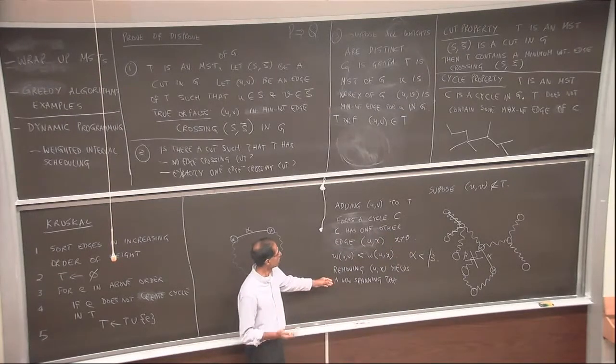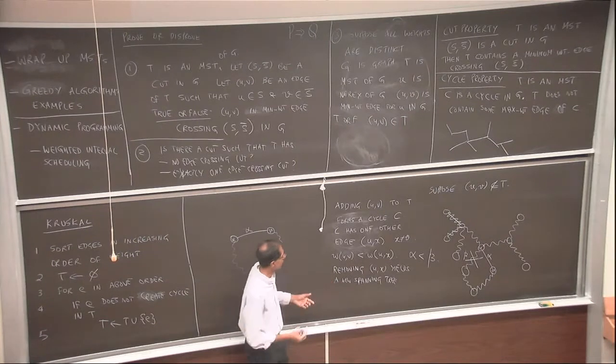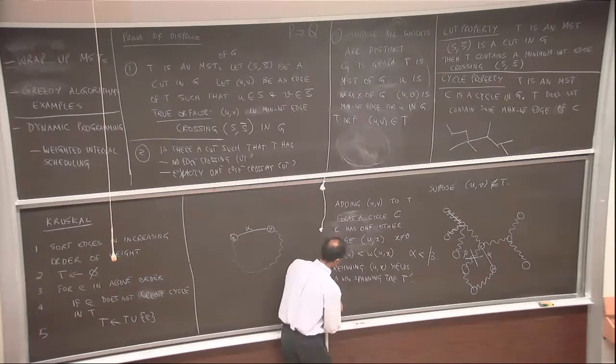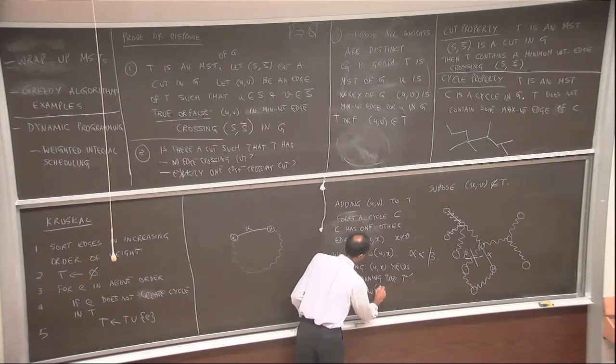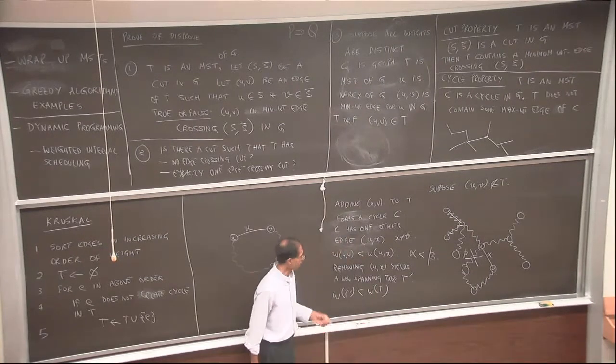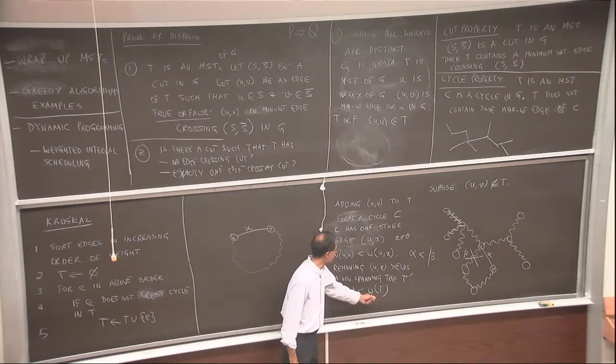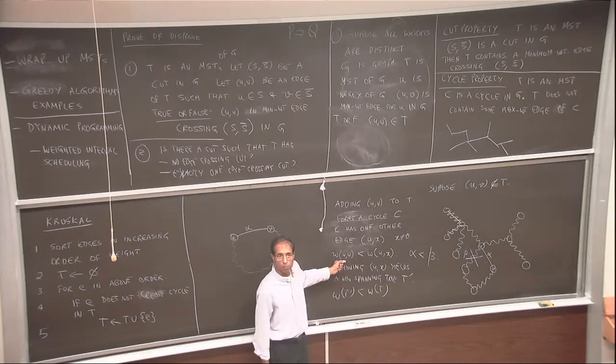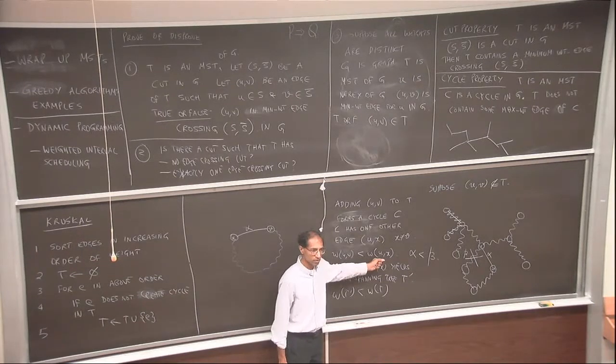So if you remove UX and add UV, you get a spanning tree. Let's call this spanning tree T prime. The weight of T prime is less than the weight of T. Why is that? Because the weight of T prime is the weight of T plus the weight of the edge UV minus the weight of the edge UX.